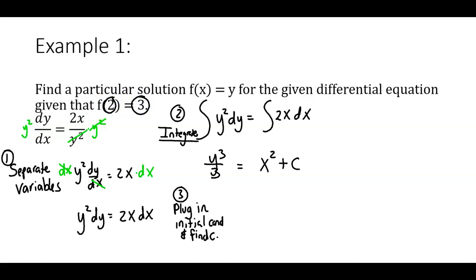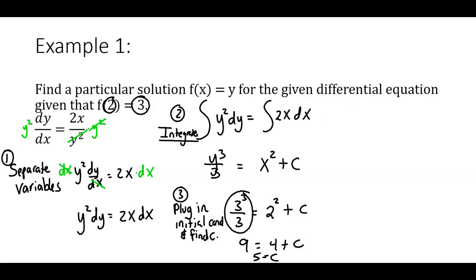And I'm going to go ahead and plug those numbers in here. So if I plug in the 3 for the y and the 2 for the x, I can solve for c. This is 27 over 3, which is 9, equals 4 plus c. And if I subtract 4 on both sides, I end up with the fact that c equals 5.